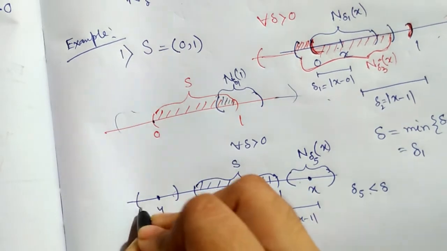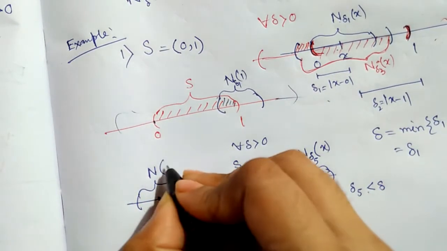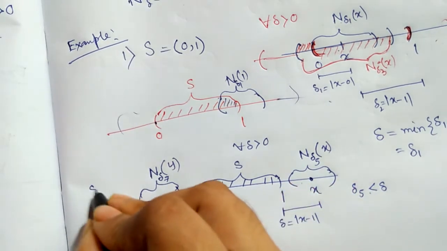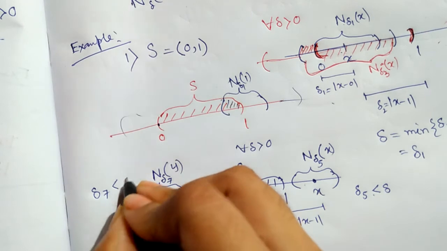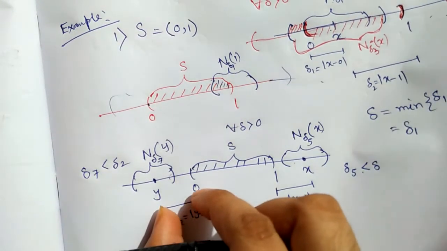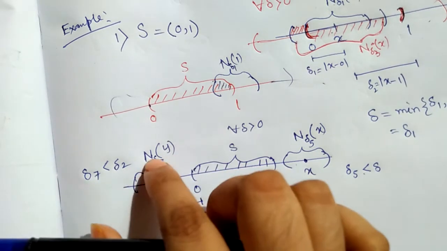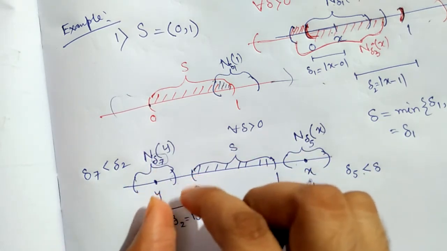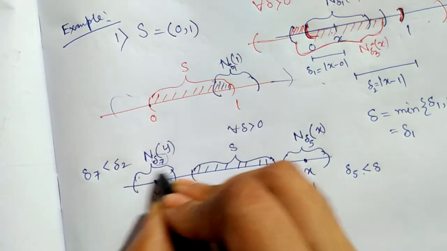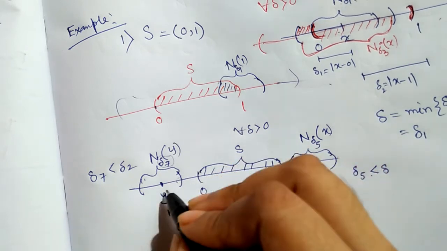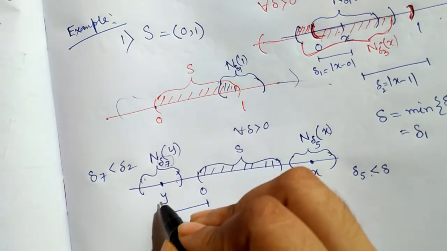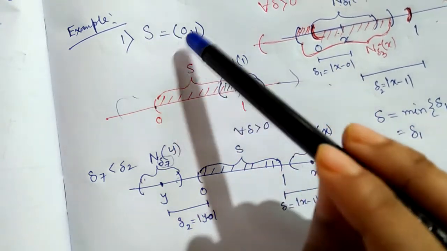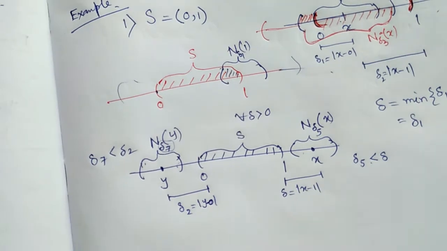If we take a neighborhood of y with radius delta 7, where delta 7 is less than delta 2, then we can see that this neighborhood contains no point of S. So here in the left portion there is no limit point of S. So S has only limit points inside S and the two endpoints. For any open interval this holds.